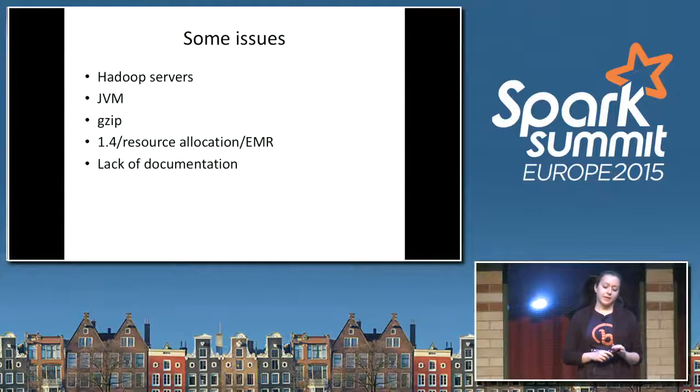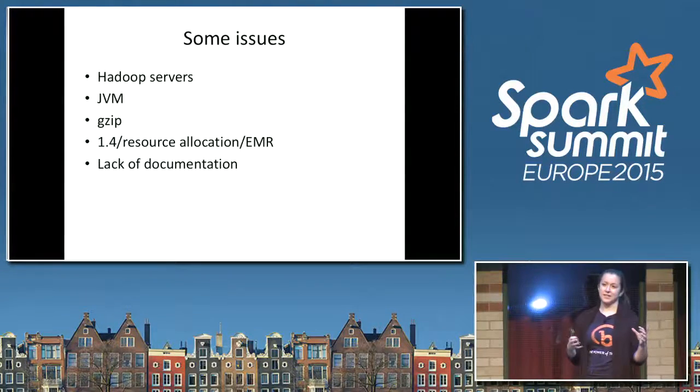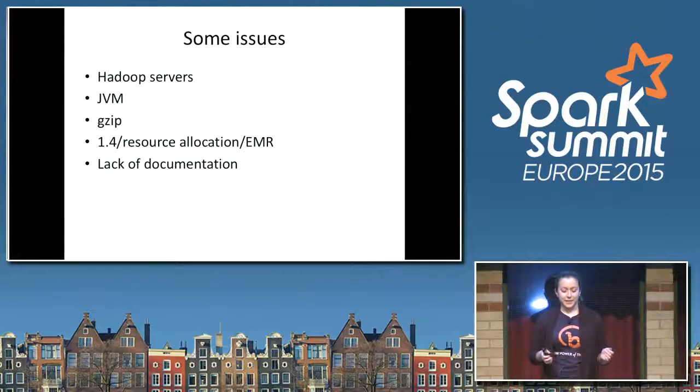Another thing that was kind of interesting was dealing with resource allocation on EMR. For a while, trying to get the most efficiency from our EMR clusters was really a struggle. At this point, I was like, hey, ops guy, can you help me figure this out?